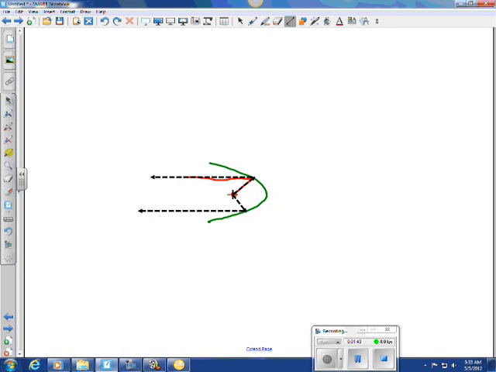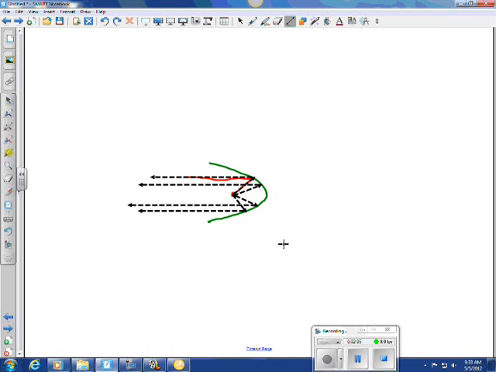That's what gave the flashlight a straight beam that was useful for finding things. That's what gives your headlights that straight beam going straight out, that parabolic shape.